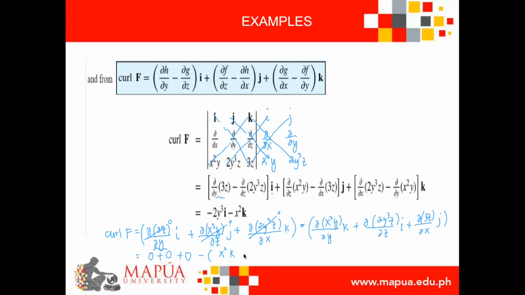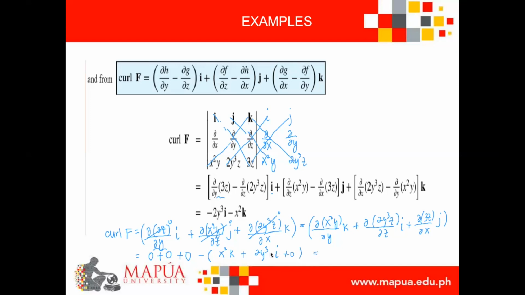So we can copy the constant, so positive 2y cubed. Then the derivative of z with respect to z is equal to 1 times i. Then lastly, partial derivative of the function 3z with respect to x. So this is constant, so the derivative is 0. So we write here 0.